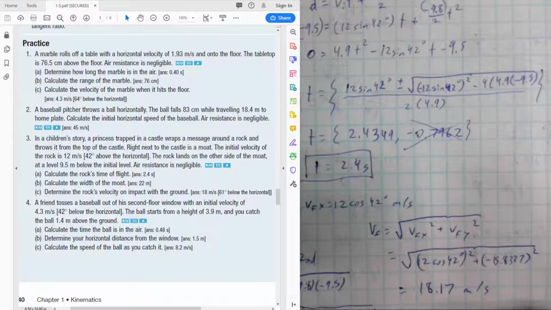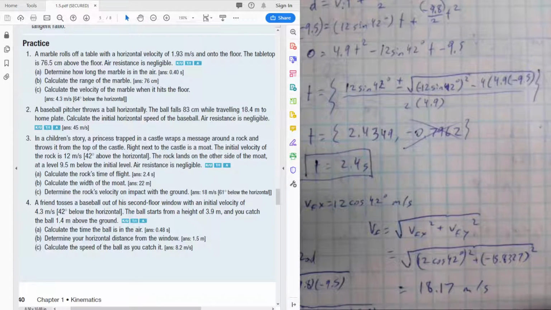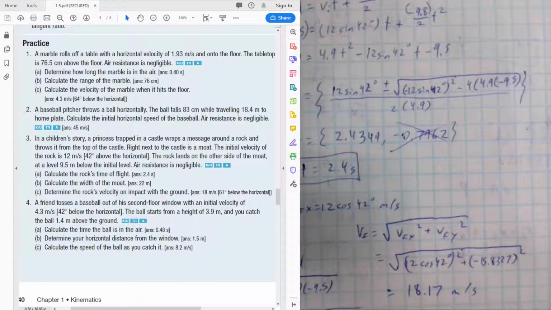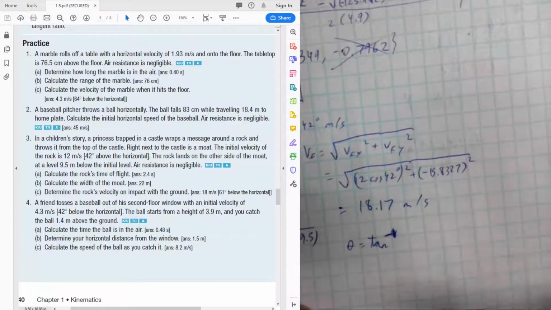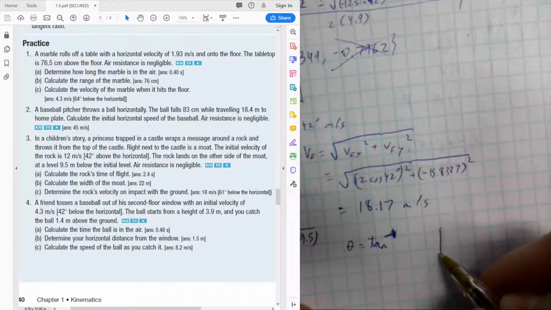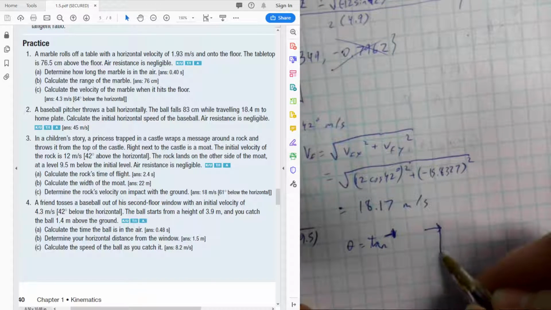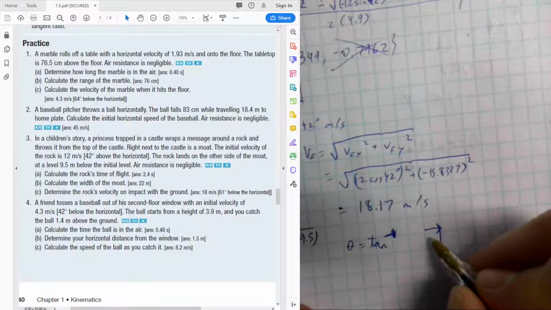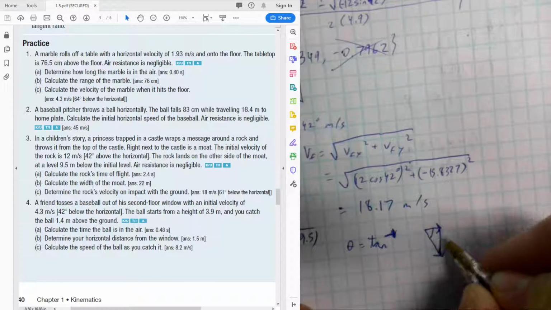To find my angle, I'm going to use the inverse tangent. I'll draw out my triangle on the side. So I have a velocity vector going to the right and one going down, and I need to find out what this angle is.